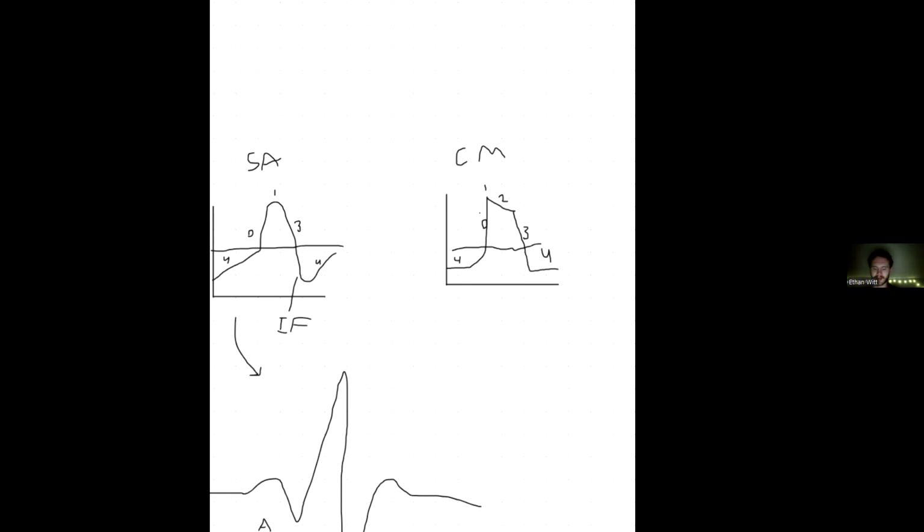Then we reach phase 1, and this is where things really start to kick off. We're going to see all sorts of different channels, mostly involving potassium, starting to open up. We have our initial voltage gated potassium channel opening up, as well as a chloride channel, actually, that's induced by our gradient of calcium.